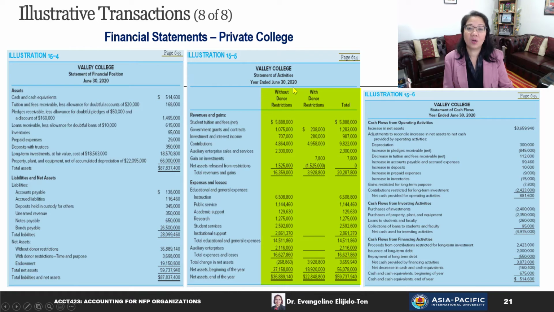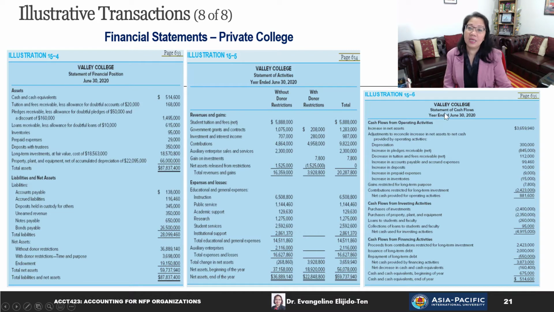The first column will be the without donor restrictions, the second column with donor restrictions, and the third column will show the total. As shown here, the revenues and gains, both operating as well as non-operating, and the expenses and losses for both operating and non-operating are as shown here.